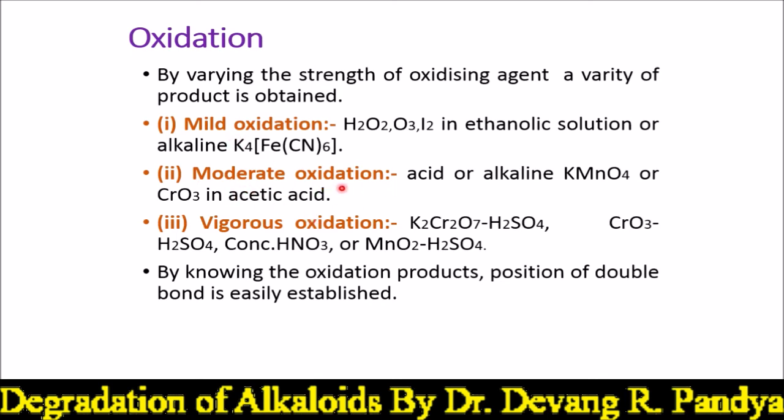Similarly, we have moderate oxidizing agents such as acid or alkaline KMnO4 or chromate in acetic acid. We have vigorous oxidizing agents, such as potassium dichromate and H2SO4 combination, concentrated HNO3 or MnO2 with H2SO4. These are vigorous oxidizing agents. By knowing these oxidation products, the position of the double bond can be easily established in the complex structure of alkaloid.